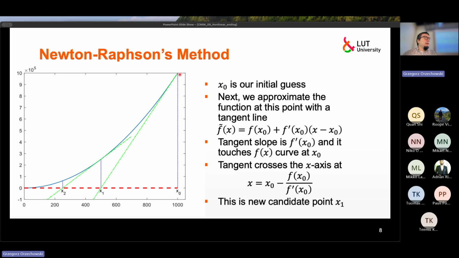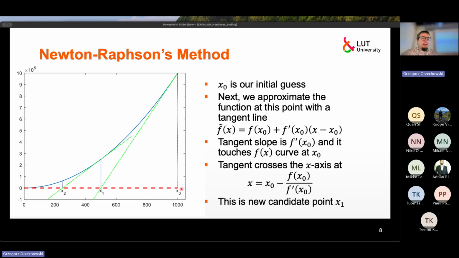For 1D it is just a tangent, because if we select a small enough surrounding, the tangent corresponds well with the value of the function. Of course, as we go further, this linear approximation gets worse. But in practice, it is good enough to bring us closer to our solution.